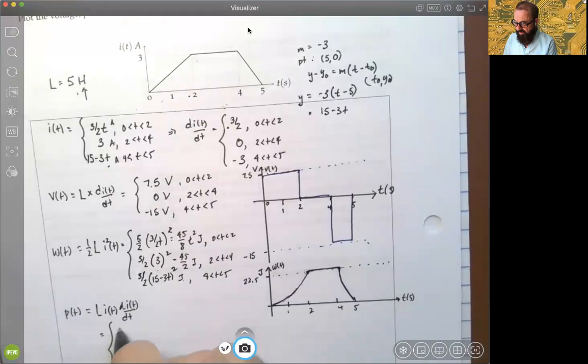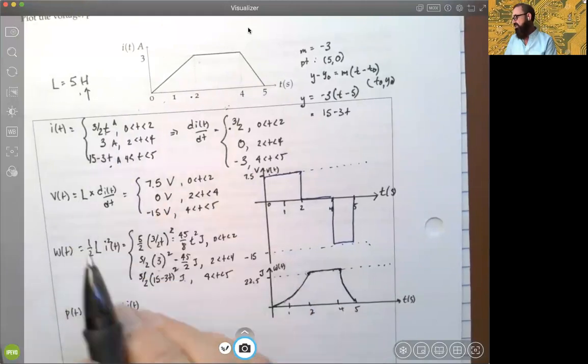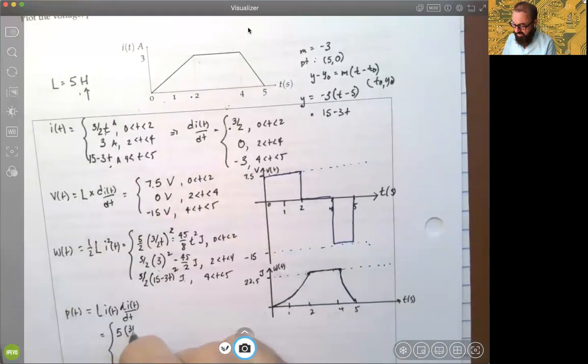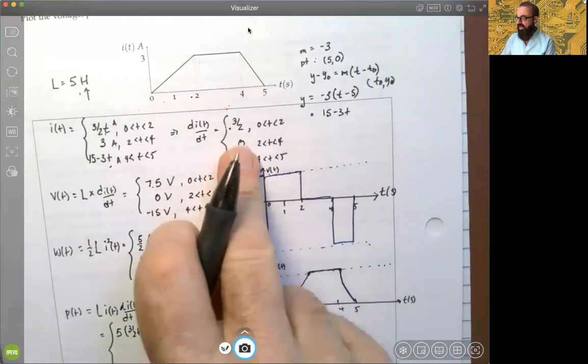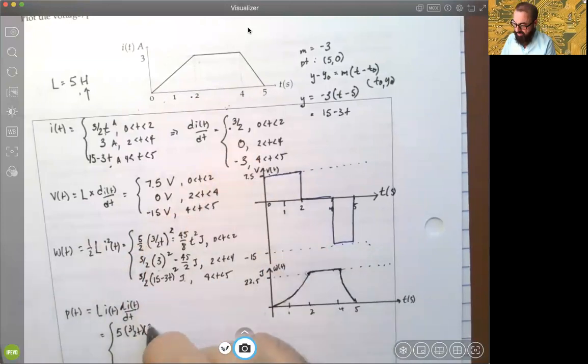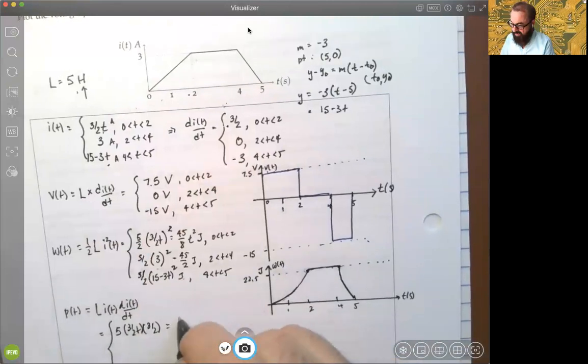We'll have 5 henries times the current function, which is 3/2 t. Then we multiply by the 3/2, which is the derivative. And that function should turn out to be 45 t over 4. And this is watts, okay? This is between time 0 and 2.